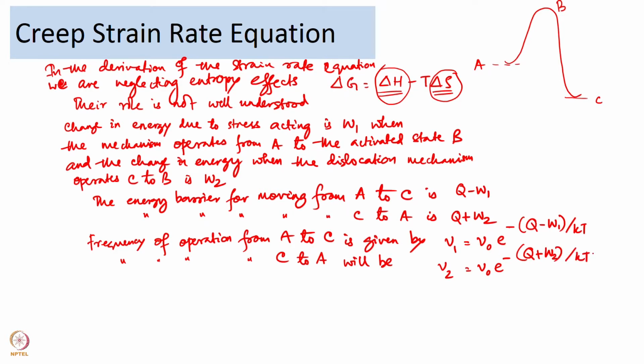This is coming from reaction rate kinetics. B is the activated state. In reaction rate kinetics, when two reactants react with each other to form the product, they go through an intermediate stage, the activated stage, before they reach the product stage. A similar concept is at work here.